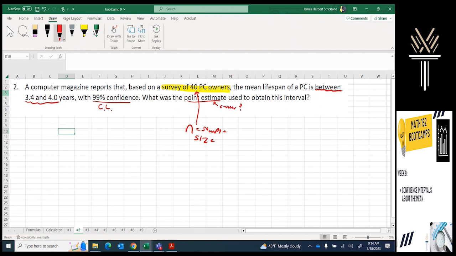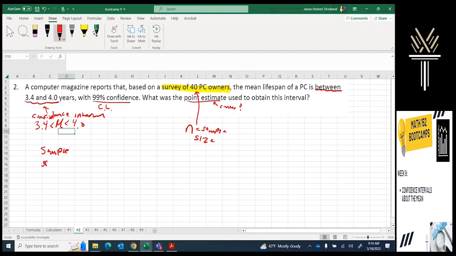Well, if we're between two measurements, that should be a big red flag that we're saying that the value we want is between these two measurements. And so we're essentially talking about this being our confidence interval. So for a confidence interval, it will always be our sample center minus your error, and your sample center plus your error.